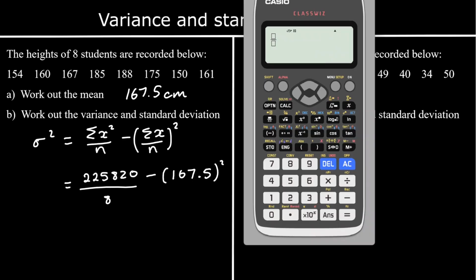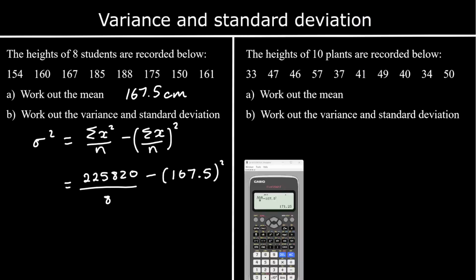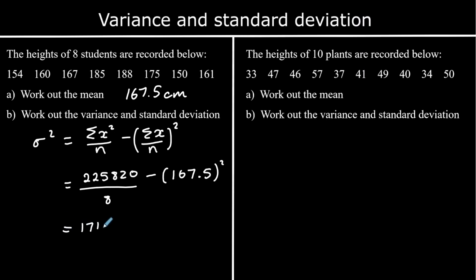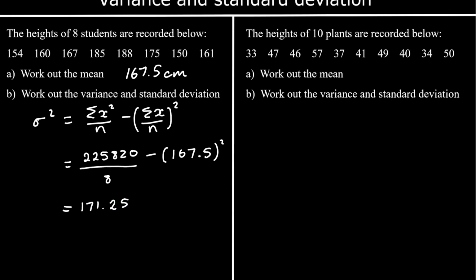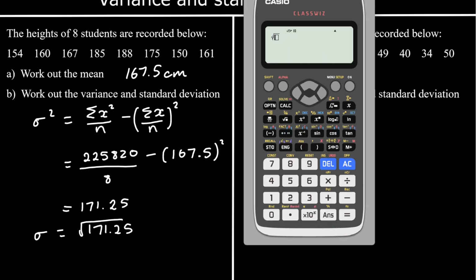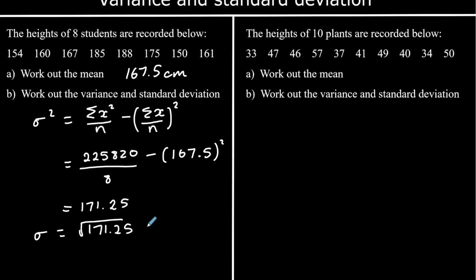And we get 171.25. So that is our variance. Our standard deviation is the square root of the variance. So we just square root our answer and we get 13.1 to 3 significant figures.